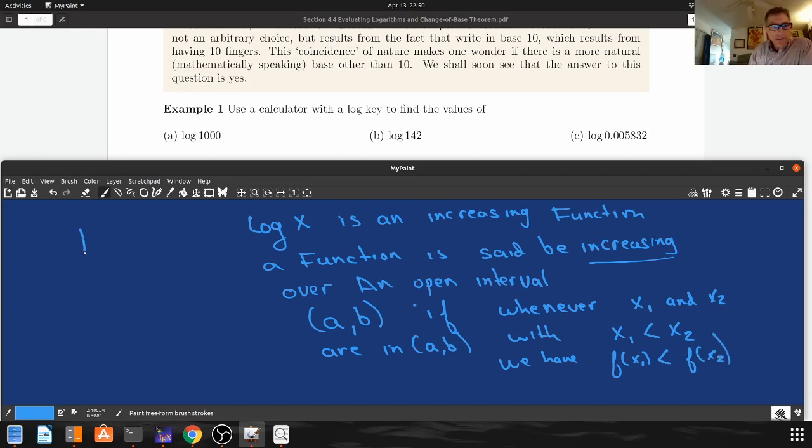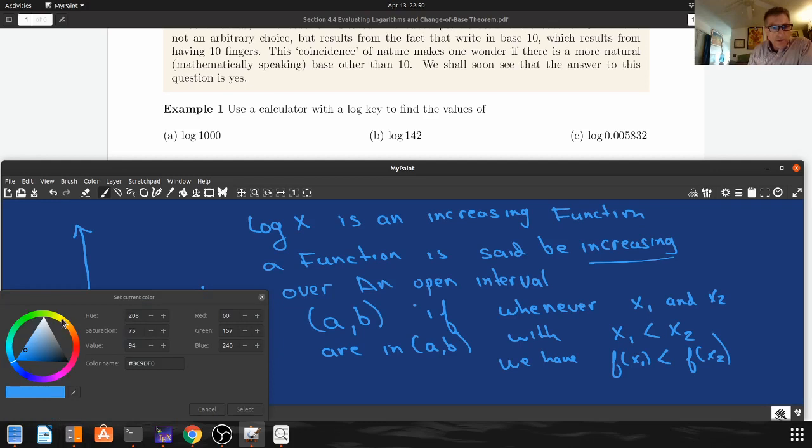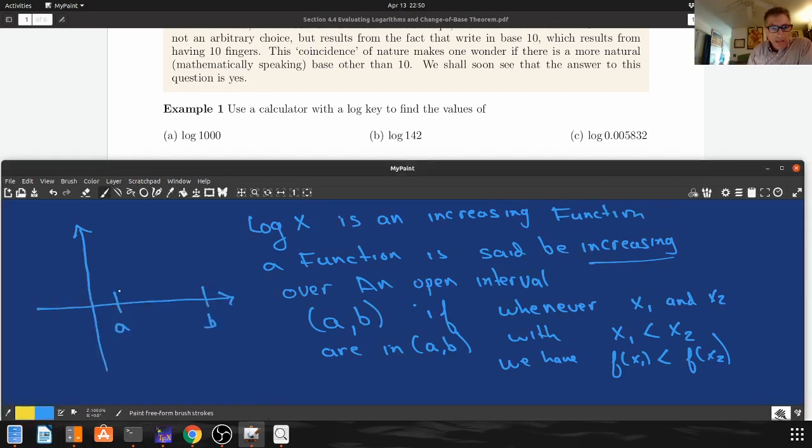Graphically, what that means is, if here's my open interval a and b, then any function that's increasing can never be constant. It doesn't matter what it is outside of a or b, because it's increasing over the open interval.